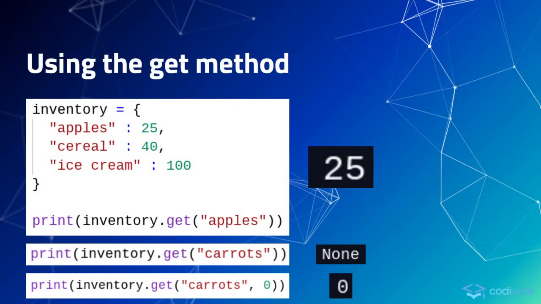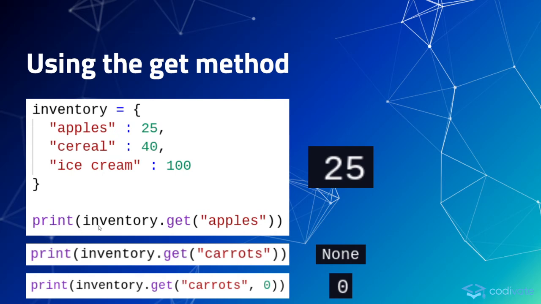Let's ground this concept in reality with a few examples. We are creating a dictionary here called inventory. Let's say we are in a grocery store and we want to record how many of each item we have. We have 25 apples. Apples is the key, 25 is the value. We have 40 cereal boxes, let's say, and 100 cones of ice cream.